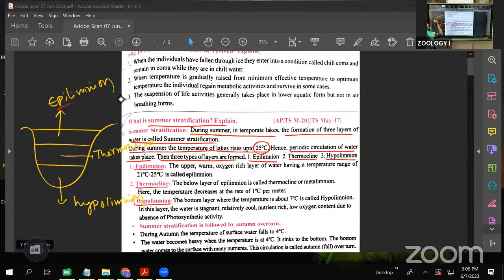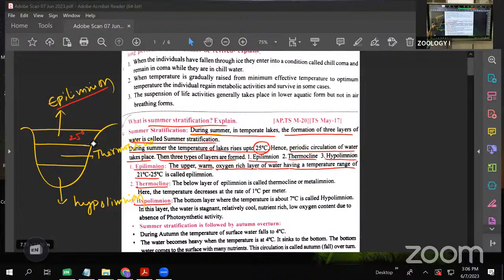See this one. This one is the uppermost layer, the uppermost warm layer, an oxygen-rich layer. Here the plants are there. That's why it is an oxygen-rich layer of water. The temperature range is 21 to 25 degrees centigrade, or more than 25 degrees centigrade, that we call the epilimnion.